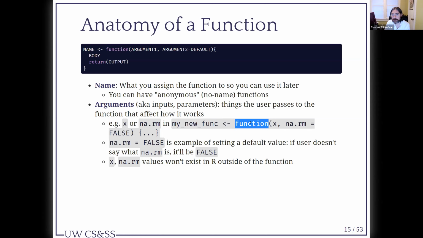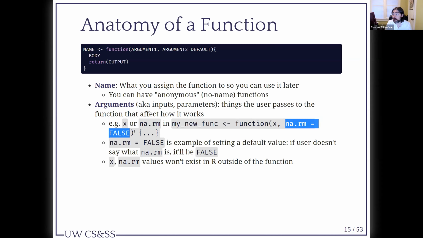I assign to it a function and I say it takes the arguments x and na.rm. And then you'll notice here I say na.rm equals false as an argument. If you give an argument some value to begin with in the function up here, this sets it as a default. If the user doesn't specify na.rm equals something, it will just be false inside of the function.